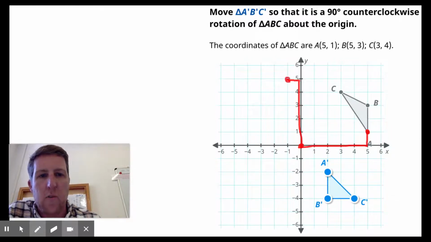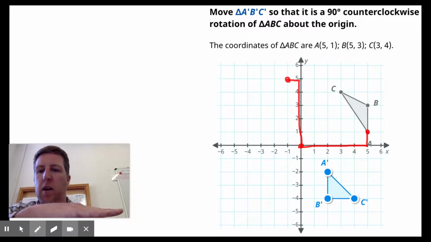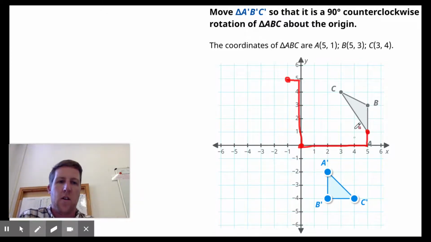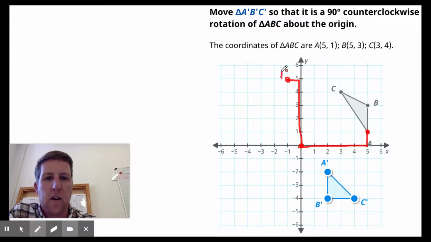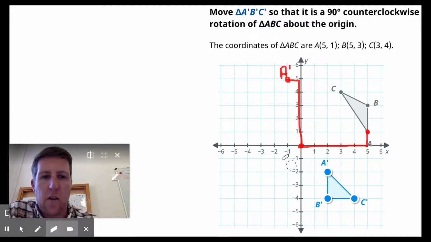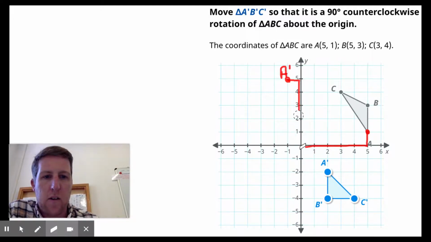So my new point is here. And you can see that it went from being over here in the corner to up 90 degrees. That's my first point, and we'll call it A prime because it's the result of me rotating it. I'm going to just erase that bit here.